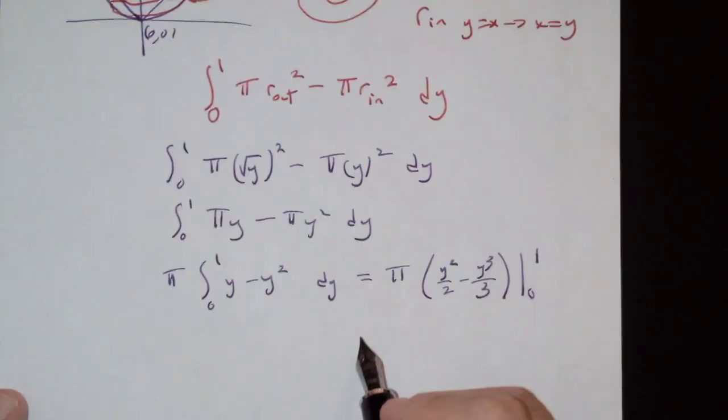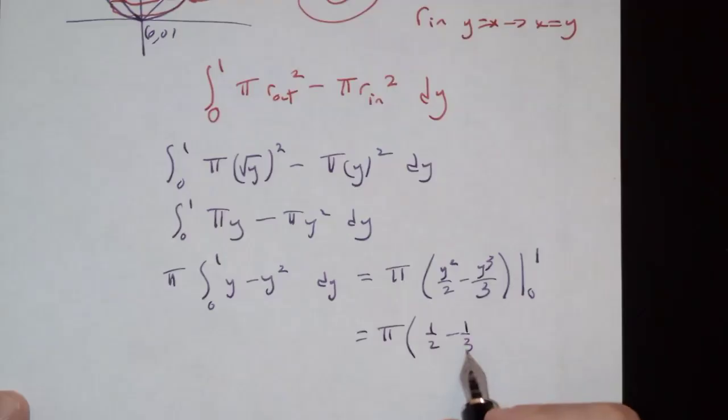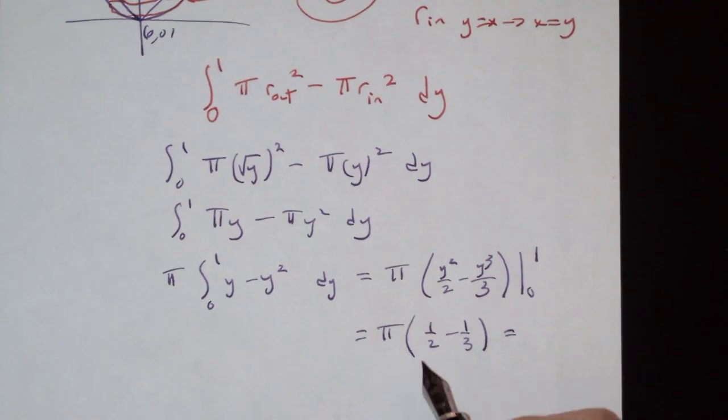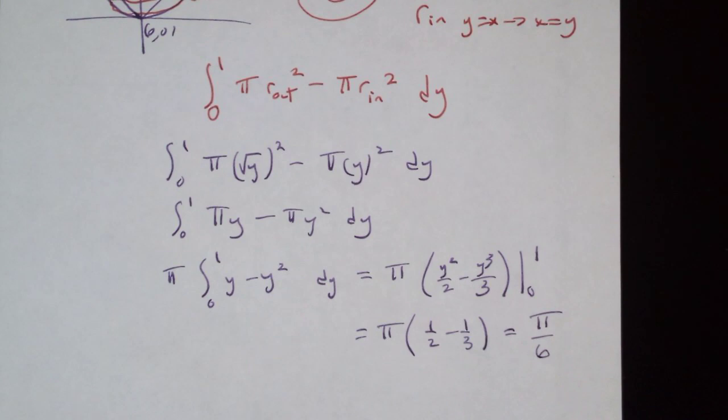When I put in 1, I get a half minus a third. When I put in 0, I get 0. 1 half minus 1/3, my common denominator is 6. 3 over 6 minus 2 over 6 is 1 over 6. I got the same answer.